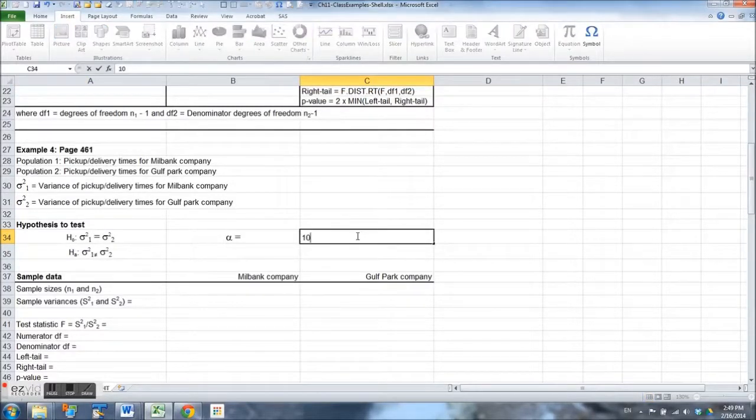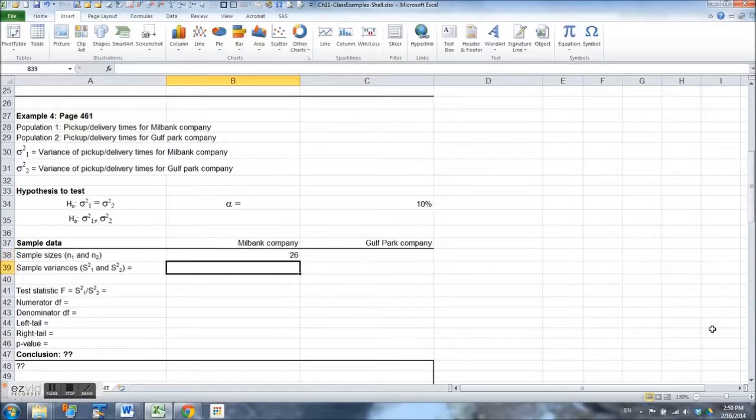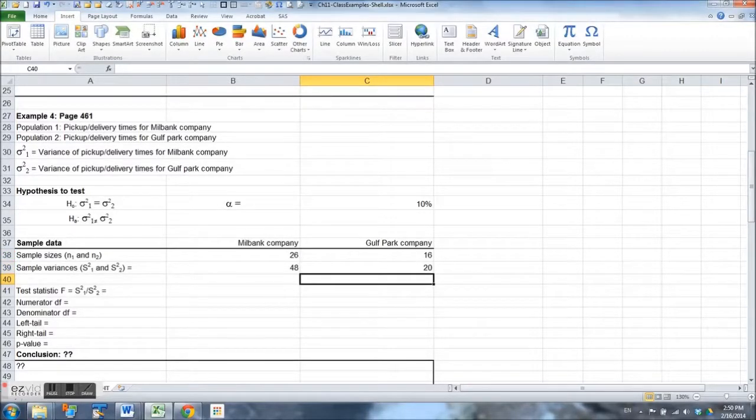And this test is with a 10% alpha. Okay. Now the sample given in the textbook is 26 is the sample size for Millbank, and 48 is the variance, and 16 is the sample size, and 20 is the variance for Gulf Park.